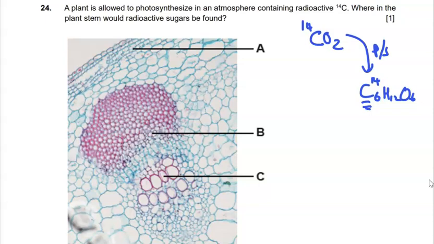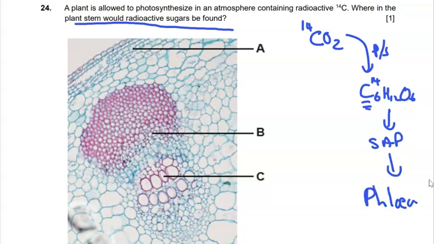And it's asking where in this plant stem would the radioactive sugar be found? Well, sugar is transported in solution in the sap, and the sap is in the phloem. So that's our knowledge. Now we need to select the correct answer.